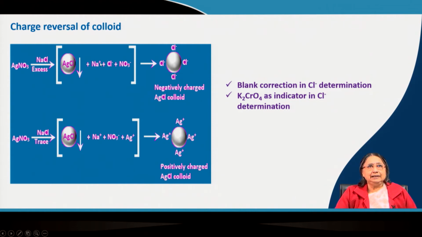In the solution there are many ions. There are sodium ions coming from sodium chloride, the chloride ion which remains because you have used excess, and some nitrate ion which is coming from silver nitrate.